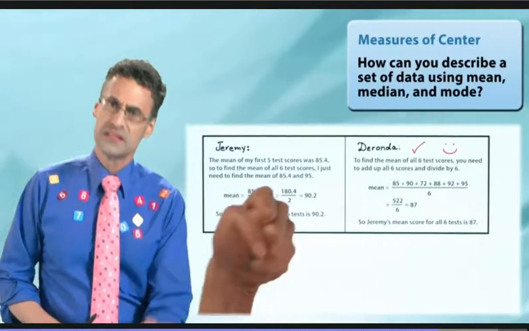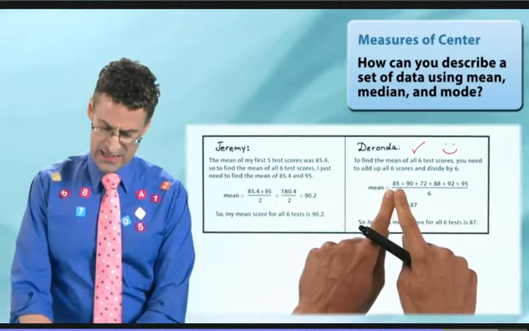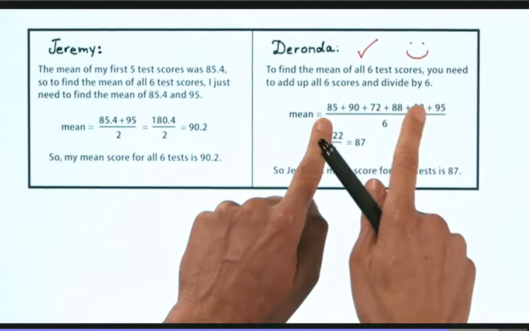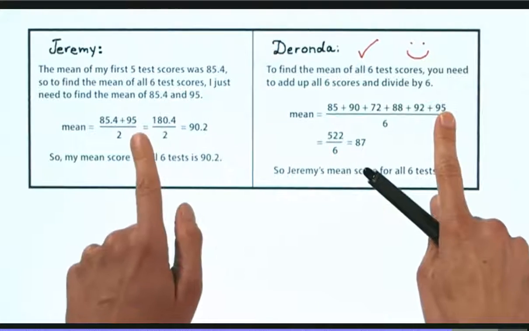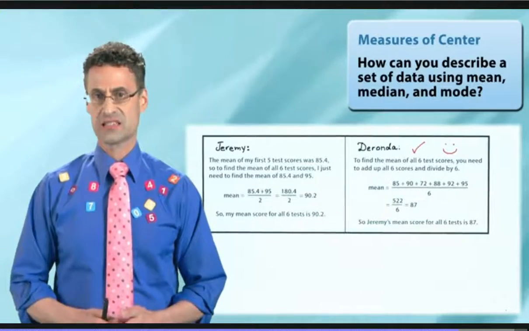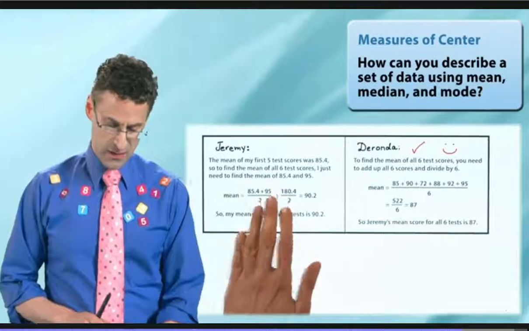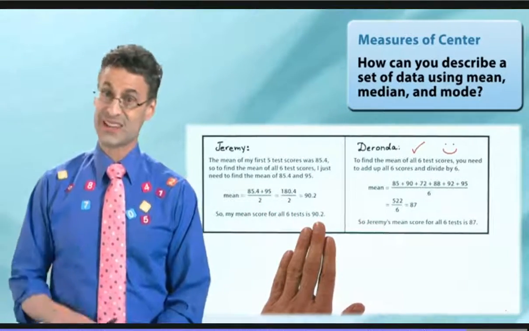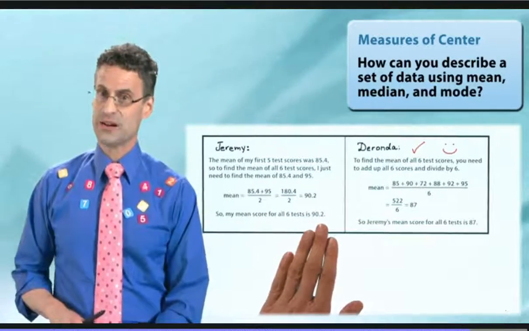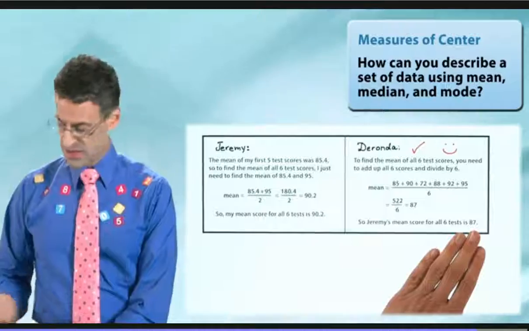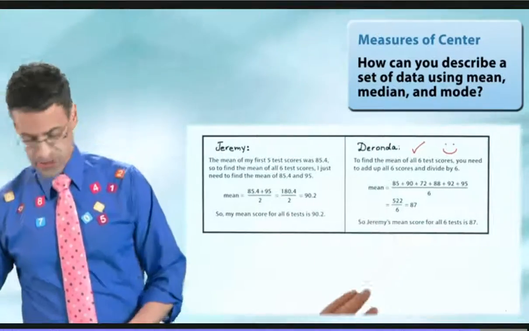And so it needs to be weighted a little bit more, and that weighting is captured in Deronda's by having all those numbers there, and then adding that last one, and now dividing by 6. That's weighting all 6 test scores the same. Here, we're not weighting them both the same. So even though this number is larger, which sounds kind of good, and I bet Jeremy really liked that average better, the truth is this is the more accurate, in fact, the correct mean. So the answer is that Deronda was correct.